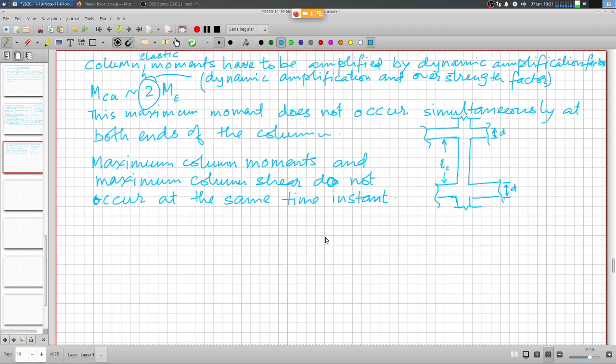So it is not right to consider the maximum moments at both ends acting simultaneously, find the actual maximum shear, and then account for that in calculating the moment capacities. Why is that shear important?